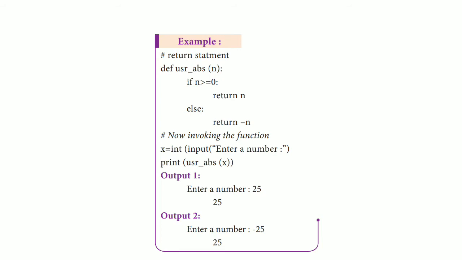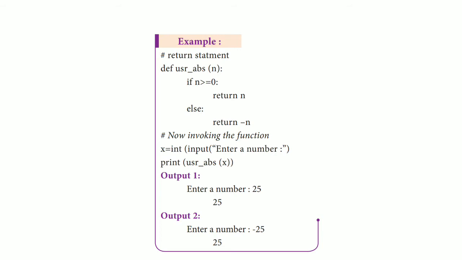The 25 will be given to n. Is n greater than 0? 25 is greater than 0, the condition is true, so n is returned as it is. But here you can see that in the next output, minus 25 is given, which is less than 0. So the else part is executed, return minus n. So minus of minus 25 is positive 25, so you get the answer.